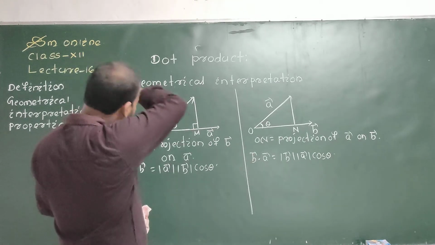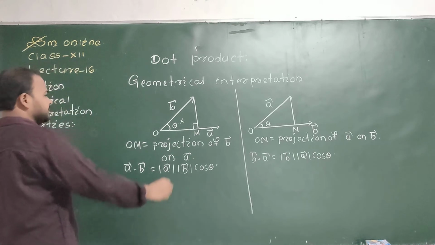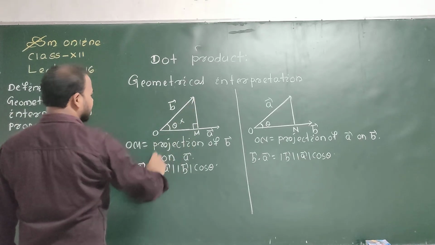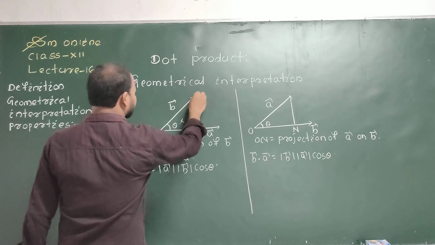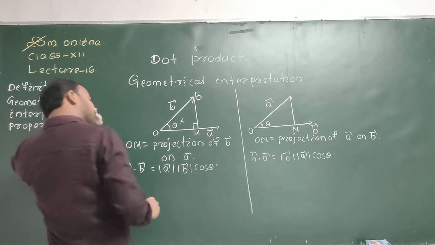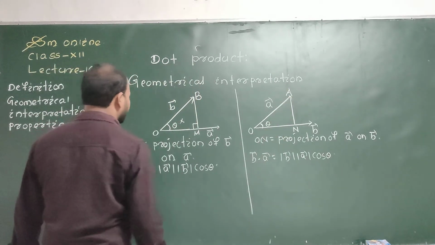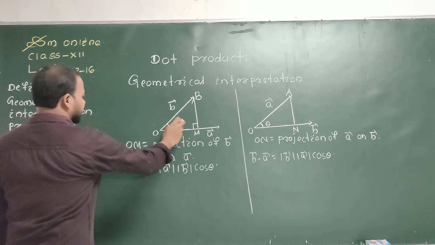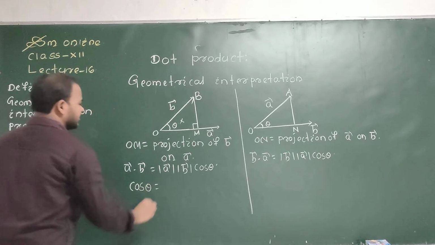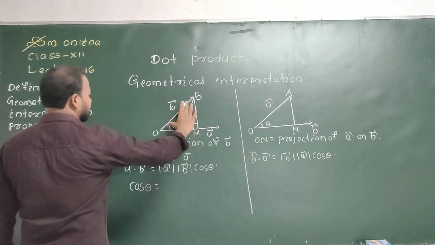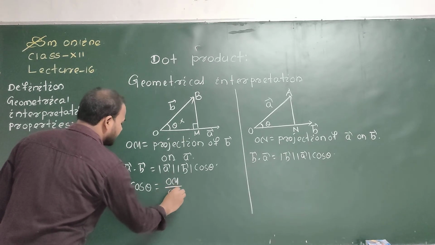Now in this right angle triangle, suppose this is B and this is A. The value of cos theta is OM by magnitude of OB, OM by OB.